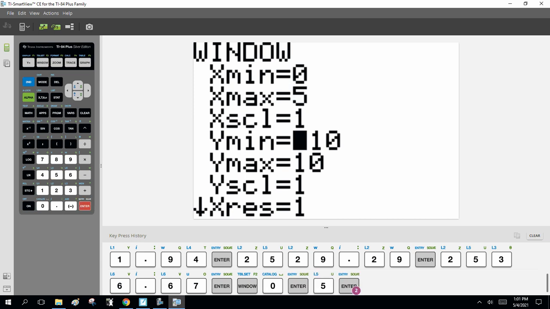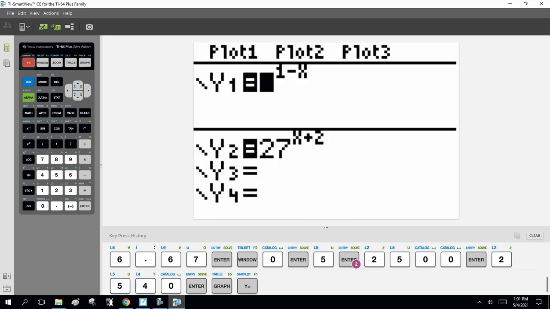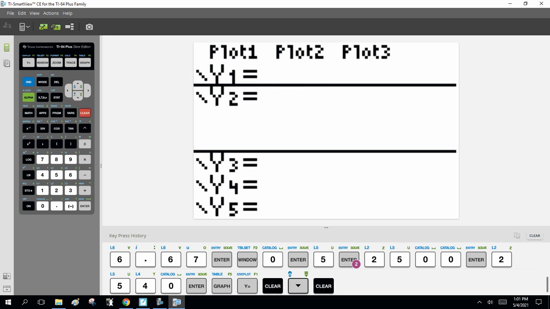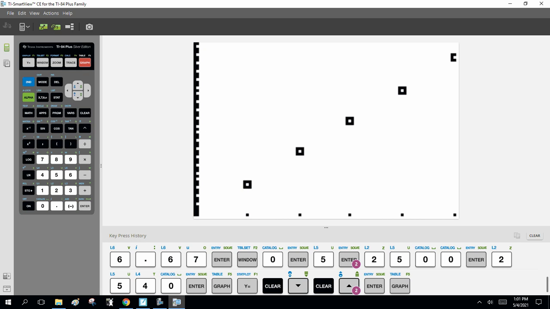Now, our investment started at 2,500 and went to 2,536. So honestly, you'd go 2,500 and then 2,550 would be your final value. Oh sorry, I forgot I got to clear these. Hit enter to turn that on, graph. And there we go. Now, I've got 1, 2, 3, 4, 5.